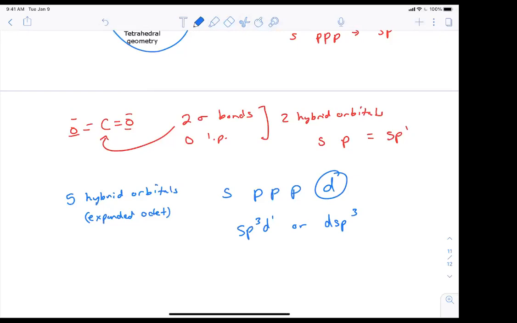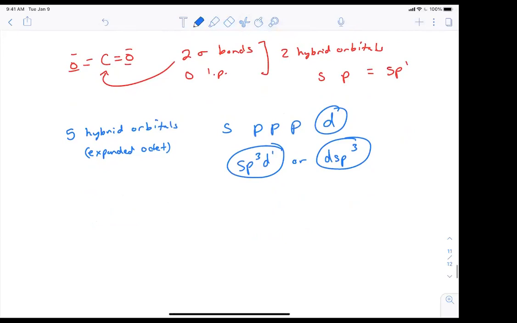That means, is it in period 3 or greater? If it does, there's always an empty d sublevel, so you can do hybridization for it. The maximum you'll have is s, p, p, p and then d, d, which is 6, so sp3d2. That would be the highest hybridization you'd have to do.